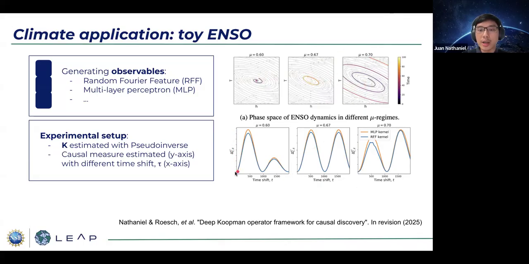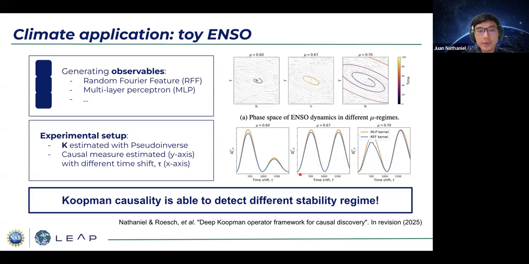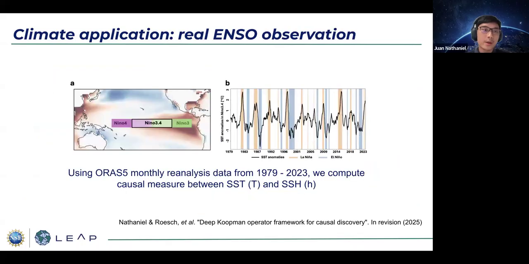Our causal measure is measured against the time shift, and we can detect the stability of the systems given the transformations that we have using our causal measure here. So that's pretty positive. It's able to detect the stability regime in these toy problems. So this is a proof of concept.